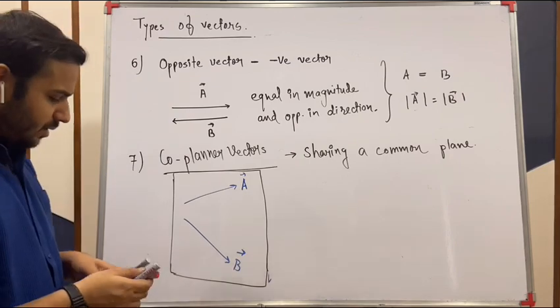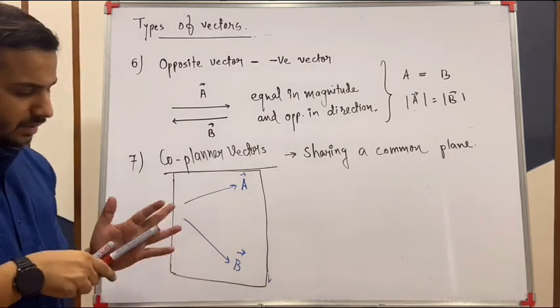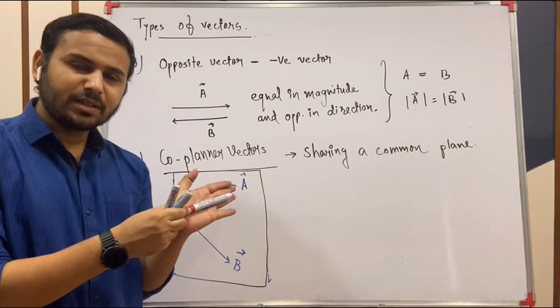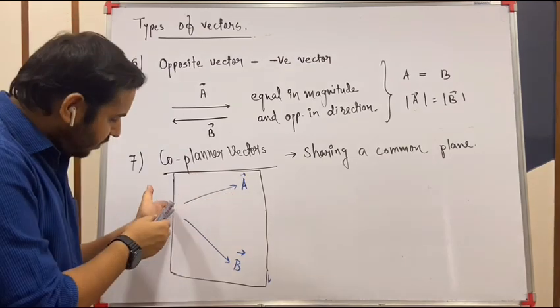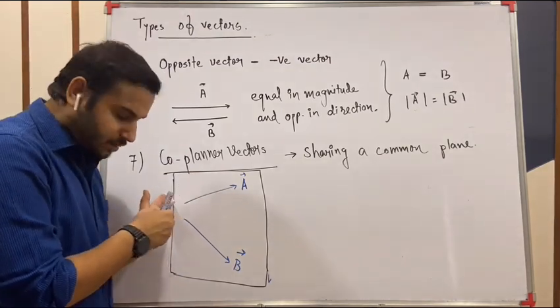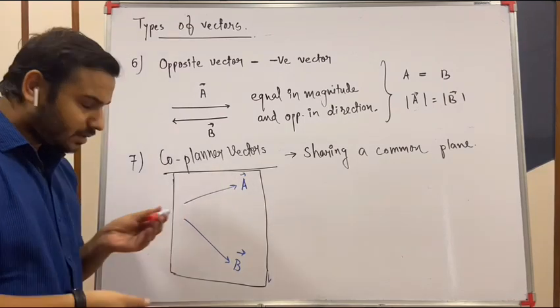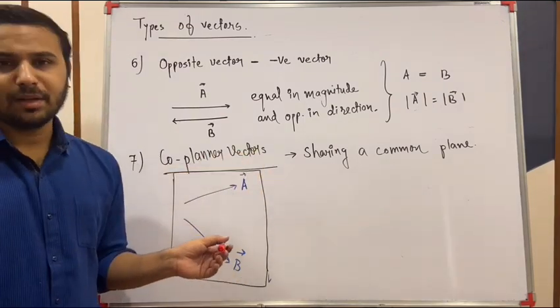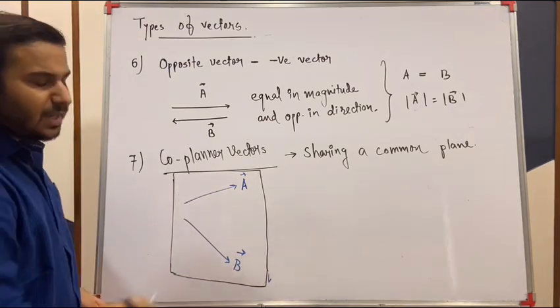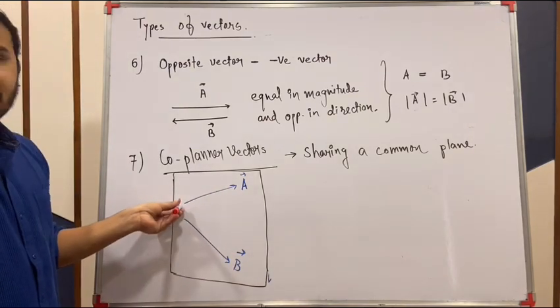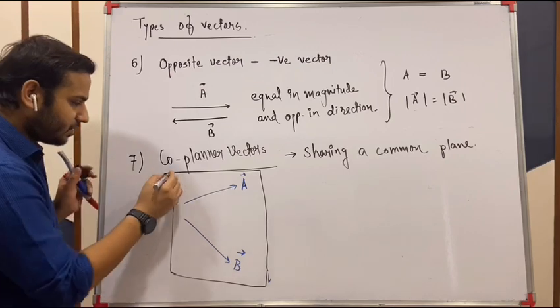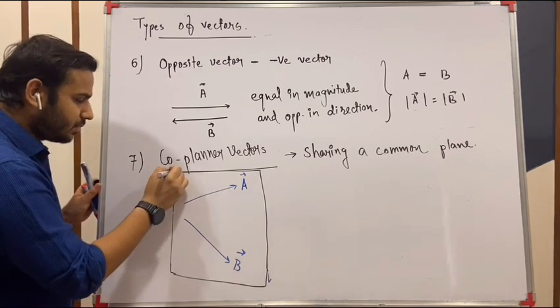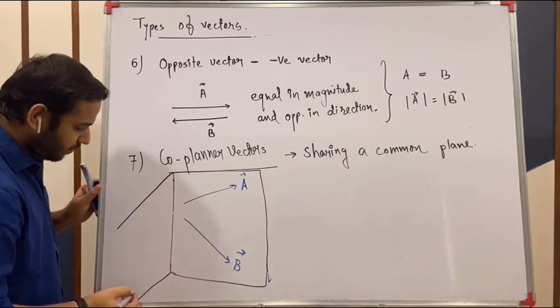But suppose I'll say this is vector C in this plane. So here vector C is like this. So A and B are in same plane. C is not in the same plane. Okay. So A, B are coplanar vectors, but vector C is like this.